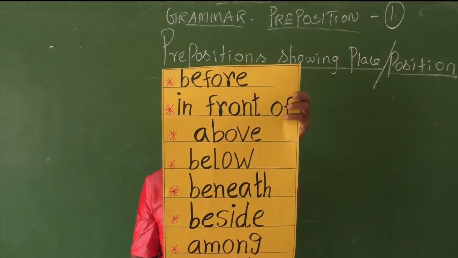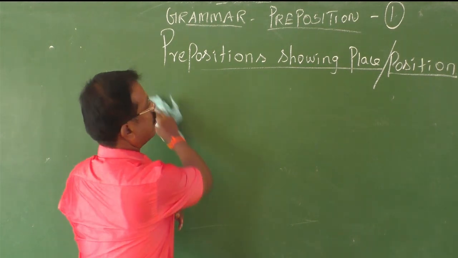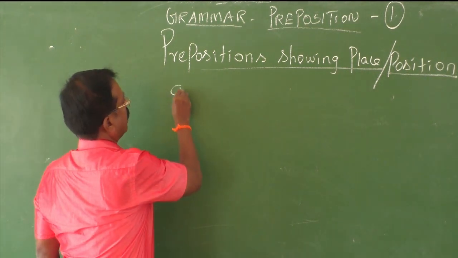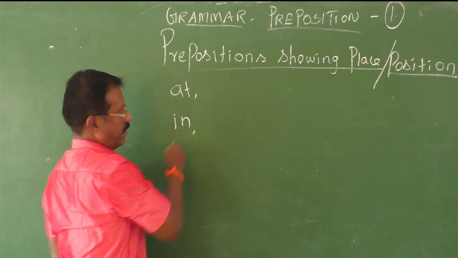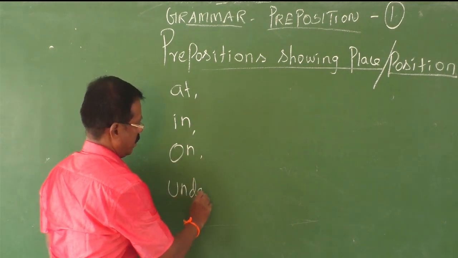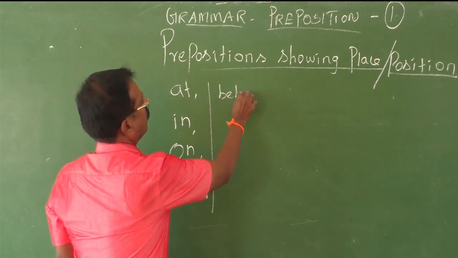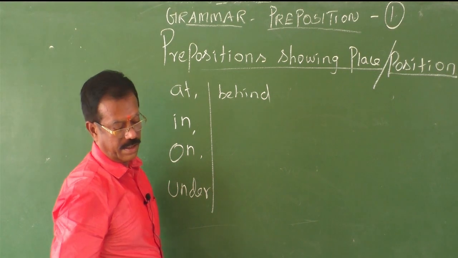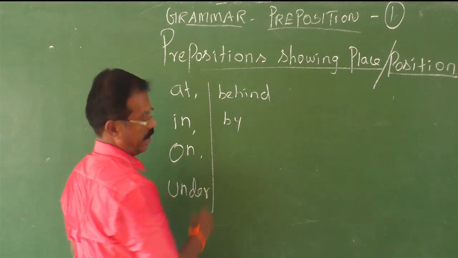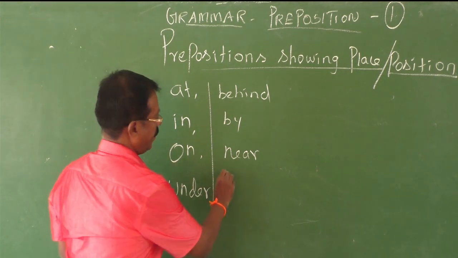At, I already explained. Let me list the prepositions showing place: at, in, on, under, behind, by, near, between.